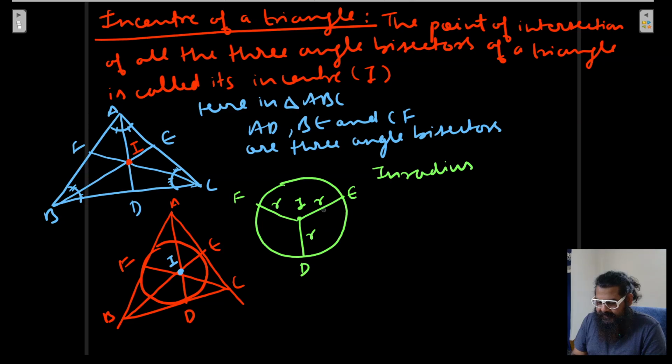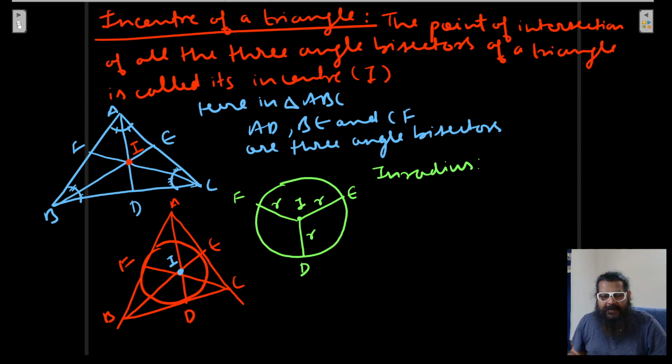It is very clear that these three distances from the center to the circumference of the circle are equal, and this distance is called the radius. In this case it is called the inradius, because this circle was drawn inside this triangle. So we can write the definition of inradius also.